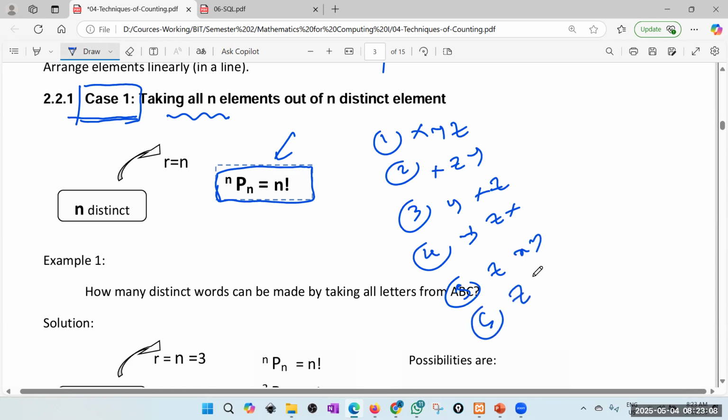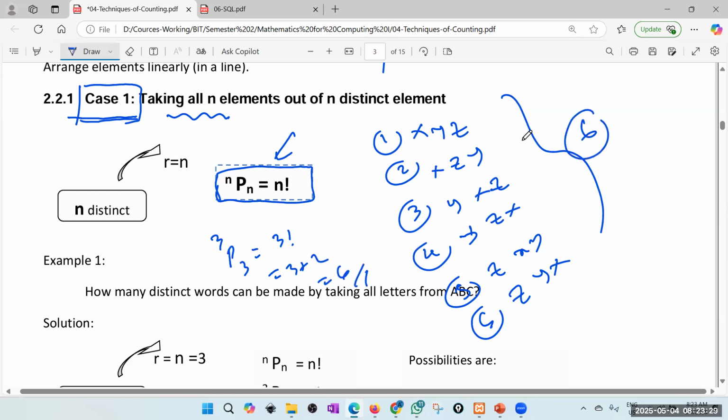Sixth one, z, y, and x. Do we have any other way? No, 6. And let's use this formula. 3 distinct elements, we take all 3 and arrange. 3P3, which is factorial 3. Factorial 3 is 3 into 2, which is 6. Yes, it is 6.